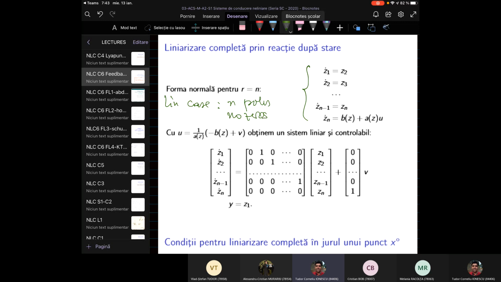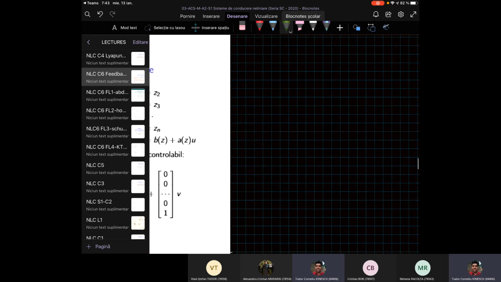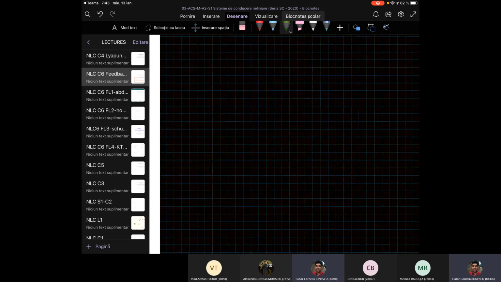Okay. So this is full linearization. If the relative degree is actually n, that means you have n poles and no zeros. In the linear case, it's something like this. For such a function, this is the normal form. But you recognize this from linear systems, okay?